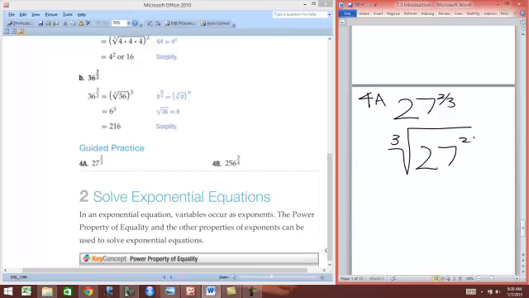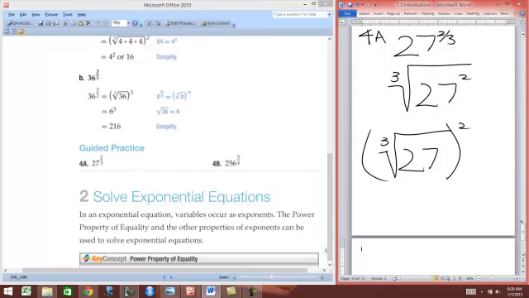Now, we don't want to square 27. I mean, you could. But let's think about this while we're doing it. This is no calculator. So this is how I want you to think of it. If it helps you to write it out, write it out. And we all know the cube root of 27 is 3. We got 3 squared, and that is, of course, 9. All right, so that's not too bad.